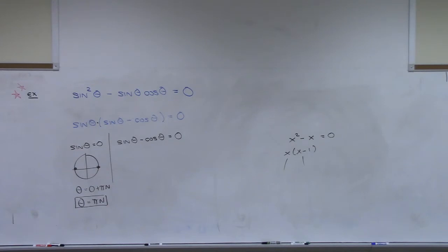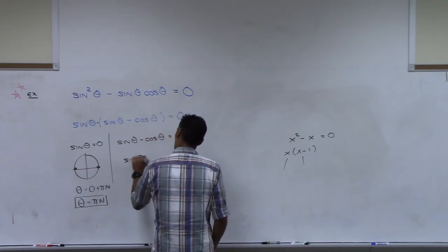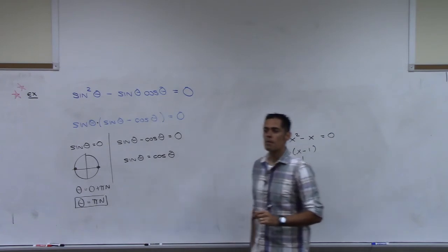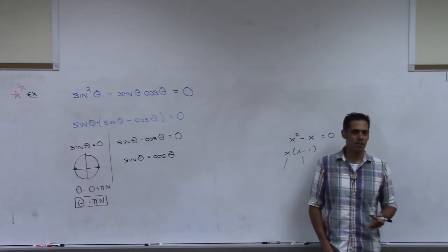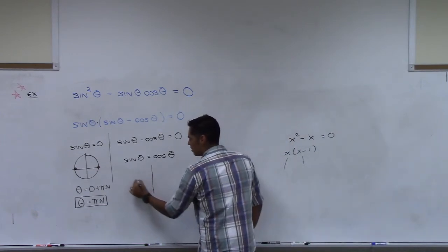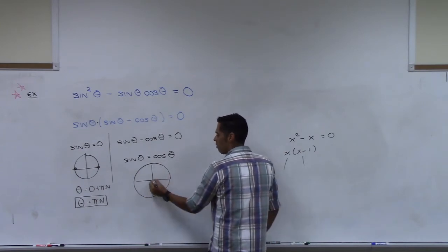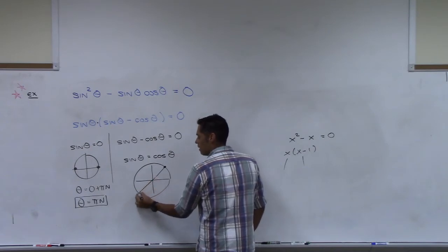Any ideas there? Add the cosine to both sides? Okay, and then what? That means where's your y coordinate equal to your x coordinate? The only place that the y and the x are exactly the same are here and here, right?